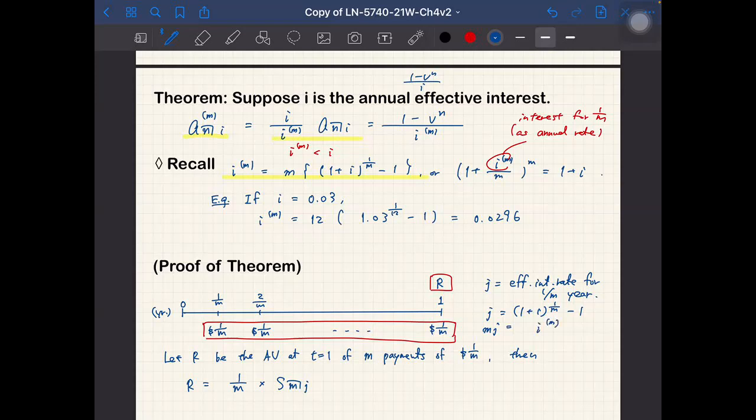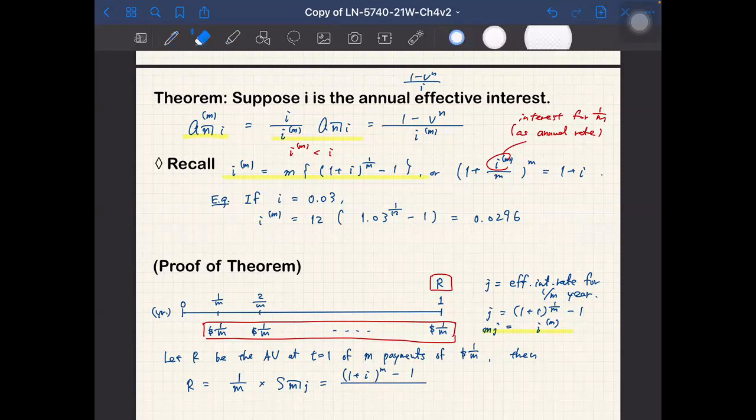If you multiply m on both sides, then both become this. So mj is equal to i superscript m. So R is this quantity.